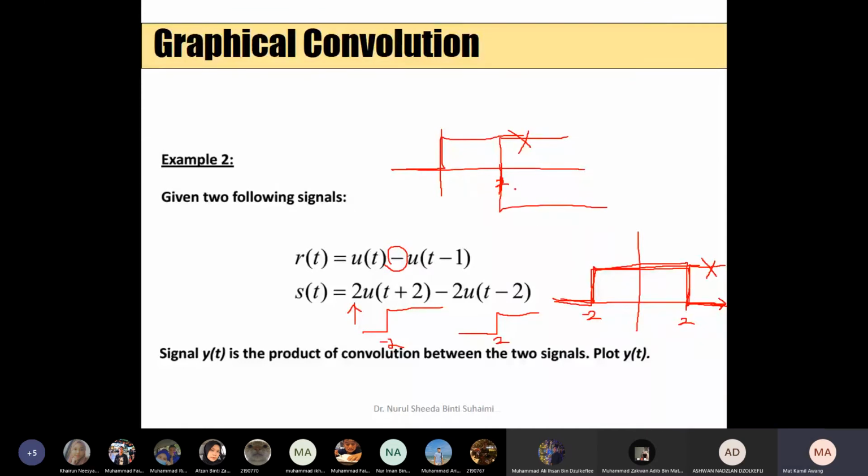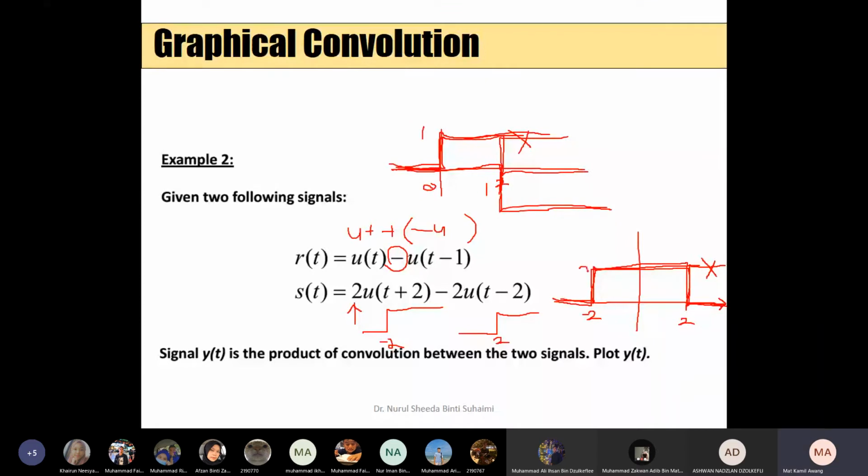If I want to write u of t minus u of that, then basically I have to draw like this, this one and this one. So basically this one is cancelled out, so I have this term: 0, 1 with a 1 here.